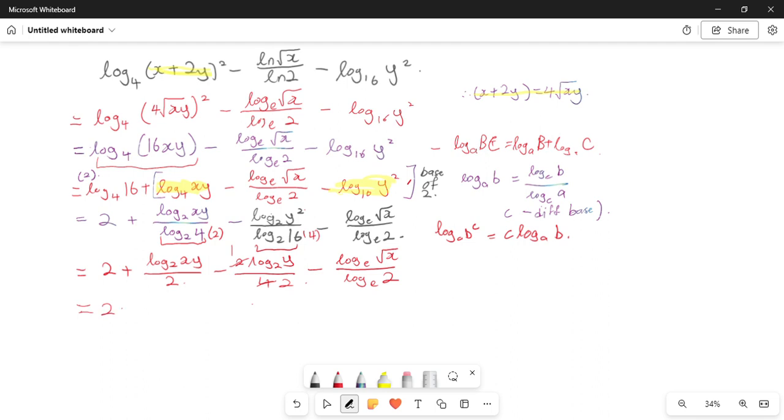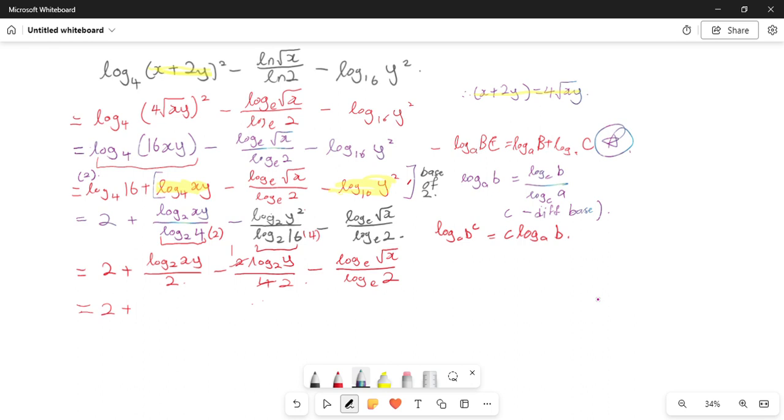I can make it 2 plus log 2x, sorry, actually I'm going to change this again, because according to the formula above, this part.